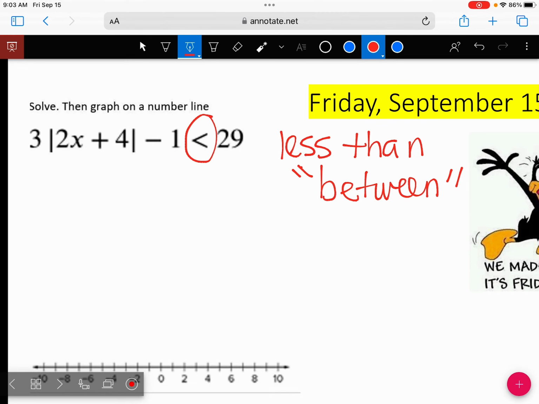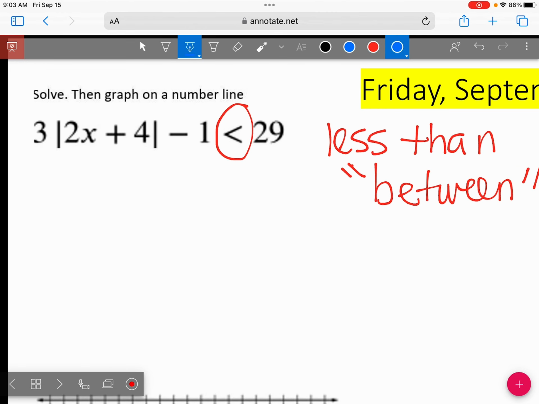All right, so let's go ahead and isolate this absolute value. Add 1 and divide by 3.